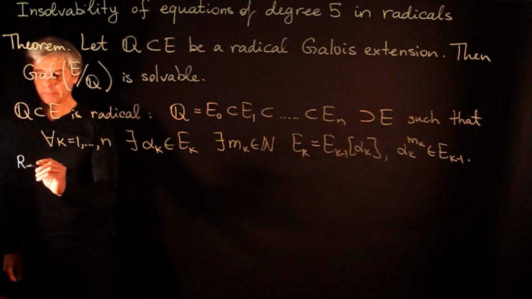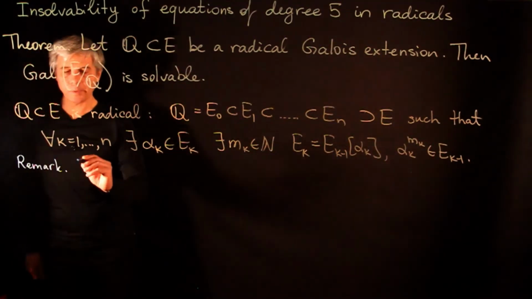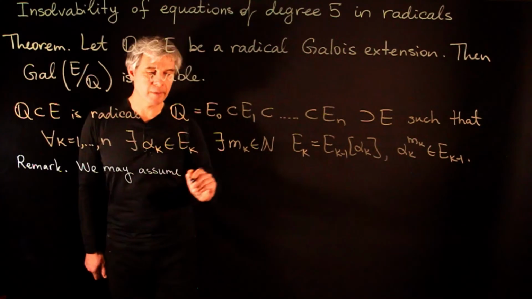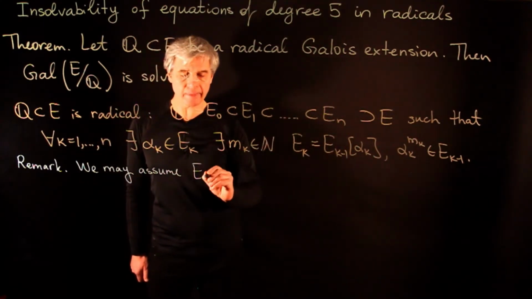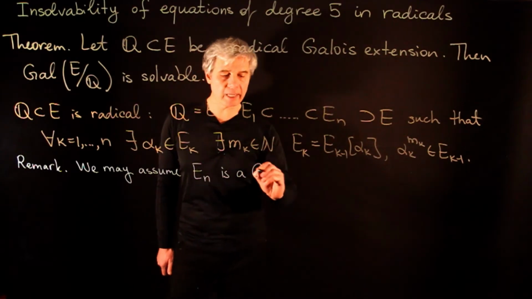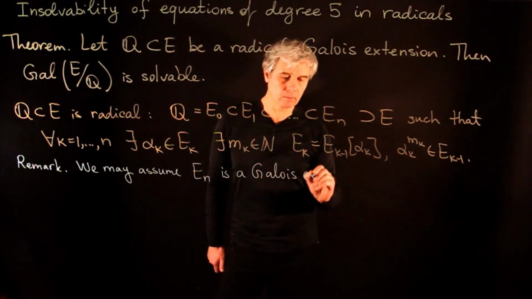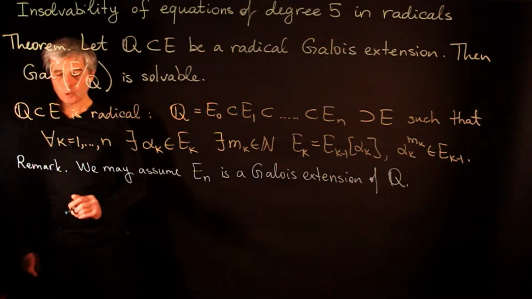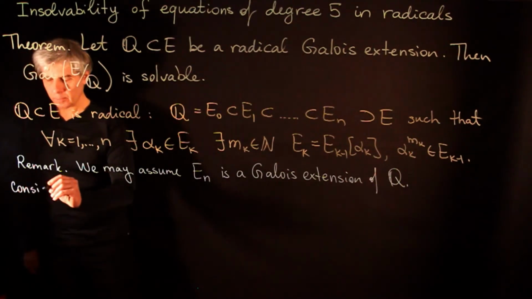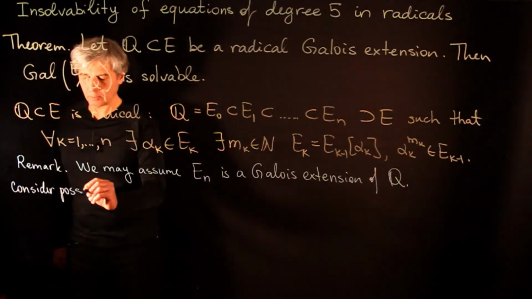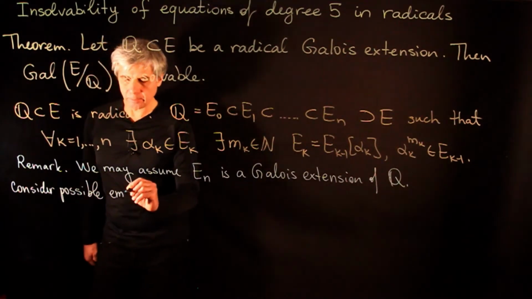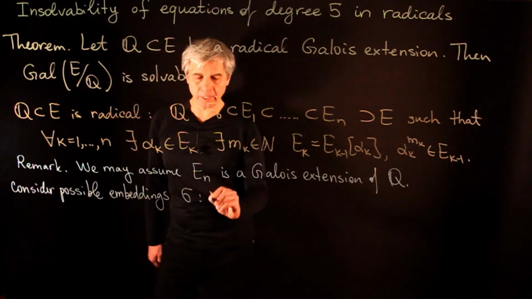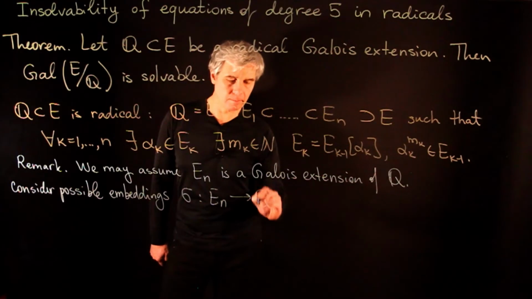Our first remark is that we may assume that this top extension En is a Galois extension of Q. To prove this, we consider possible embeddings sigma of En into Q bar.